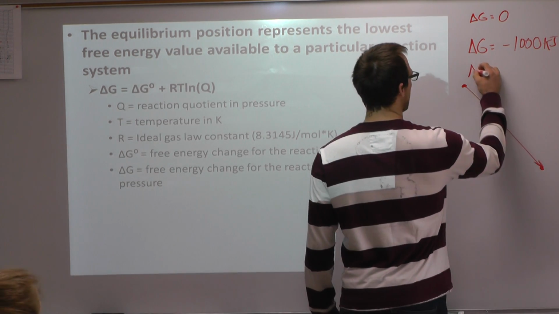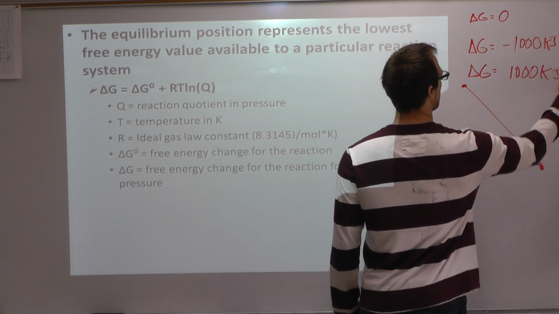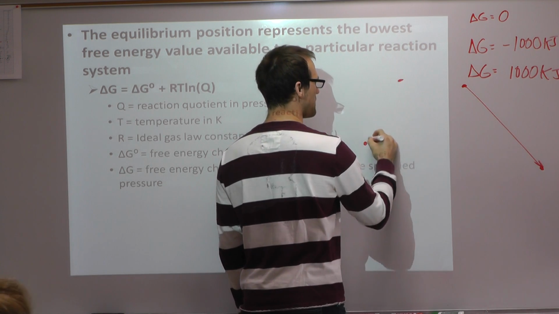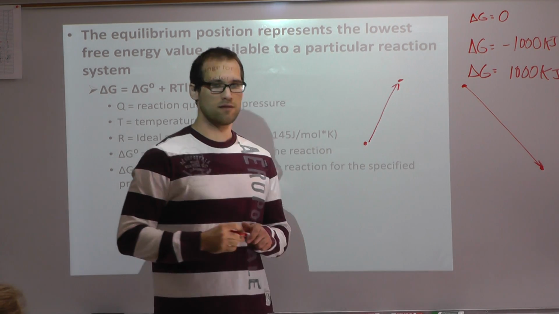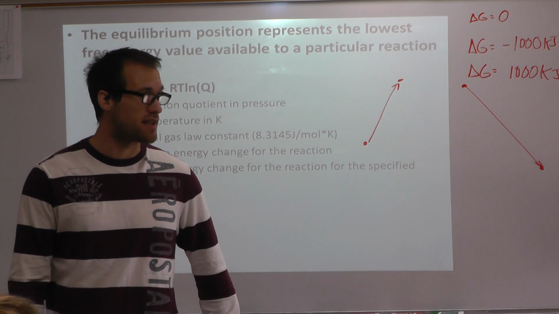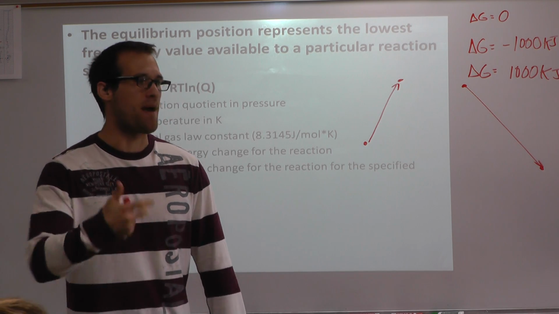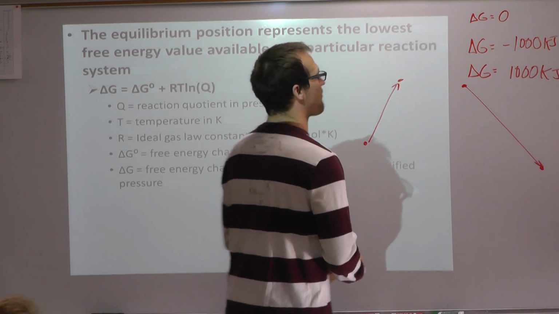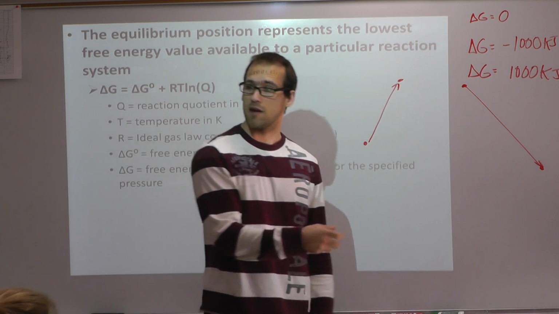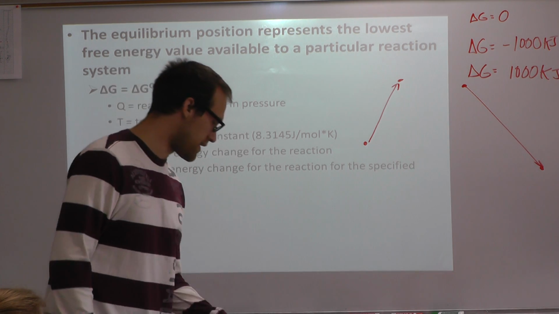If I say my change in G is positive, that means I really have to go up the mountain to get to equilibrium. And it's not going to be favorable or spontaneous. Does that make sense? Okay? When I am at zero, that means I'm at the lowest point of energy for a particular system. And that's when you have a change in G of zero, which we'll see as we progress today.